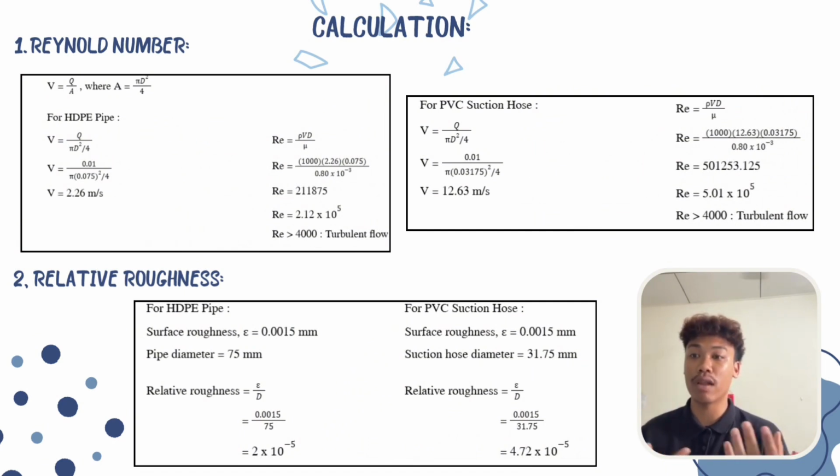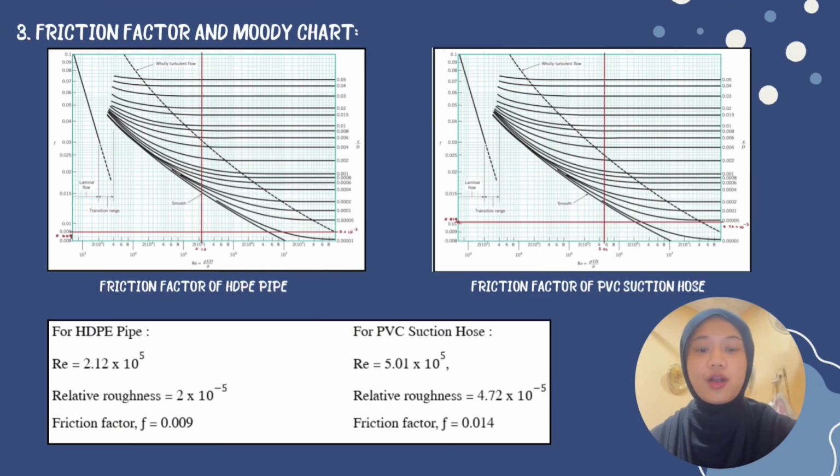After we get the value of relative roughness, we can find the friction factor by using the Moody chart. With the Reynolds number and relative roughness for both the HDPE pipe and the PVC suction hose, we can obtain their friction factor by using the Moody chart.